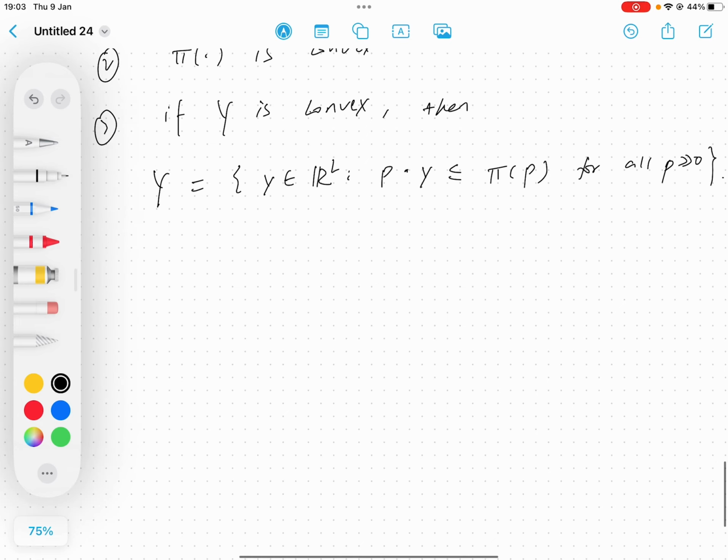And number 4, this solution y is homogeneous of degree 0.